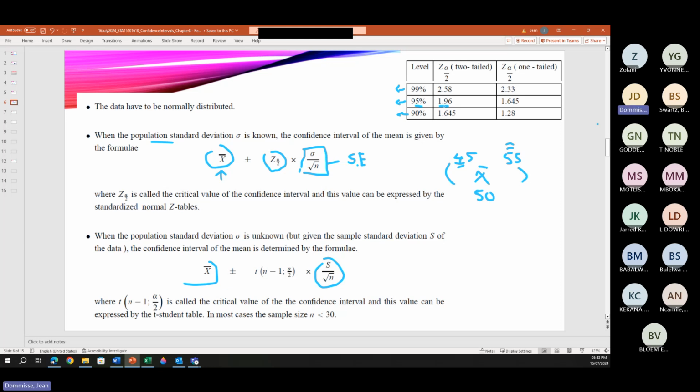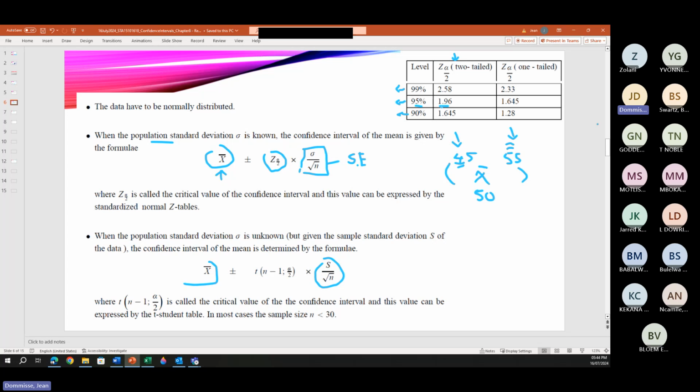For confidence intervals, we are always going to use the two-tail. Confidence intervals are always two-tail because there's always a lower limit and always an upper limit. They might not ask you every time to give both, but because it's a confidence interval, as the word says, interval, there needs to be a lower end and a higher end with the mean in the middle.